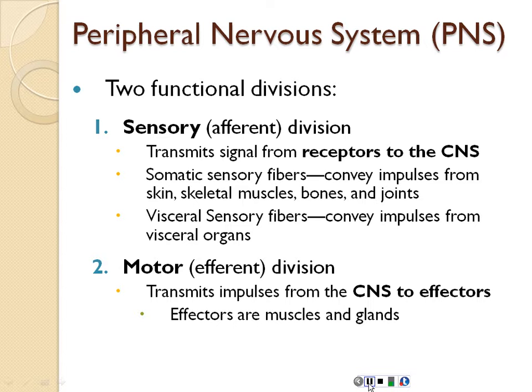Lots. For one, nerves are part of which division? The PNS, right? And what do we find inside nerves? Axons, right. Bundles of axons, a bunch of axons. So what is the function of those nerves?